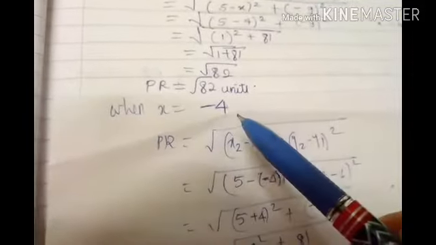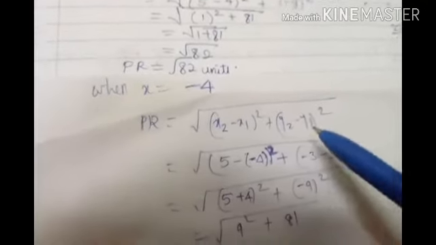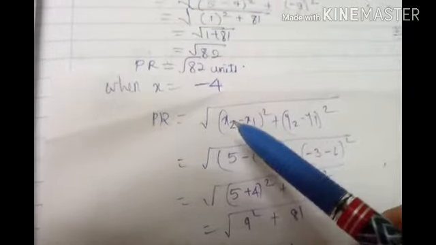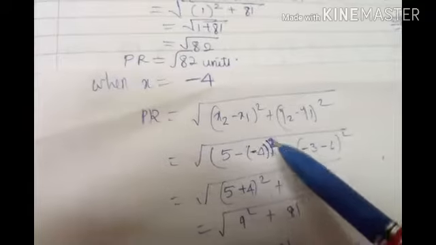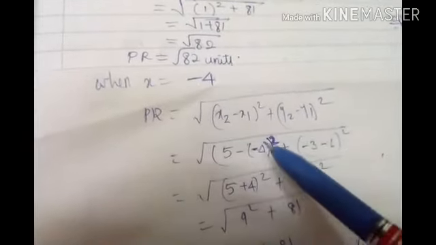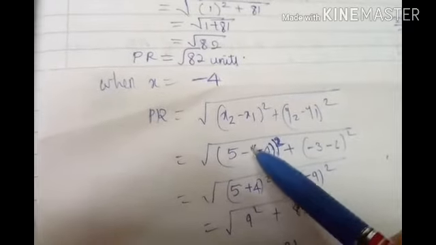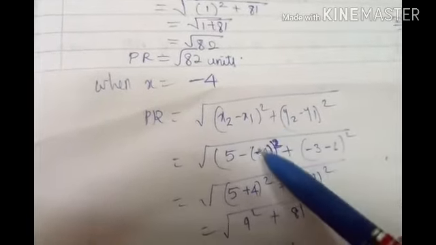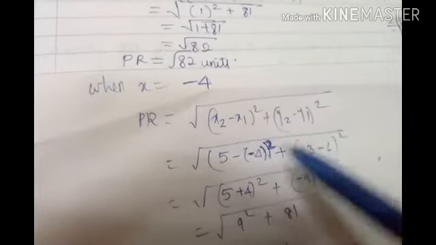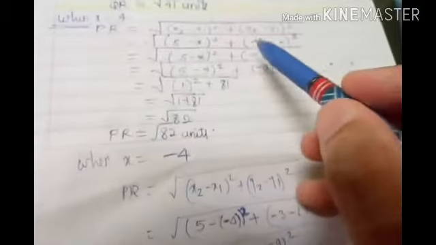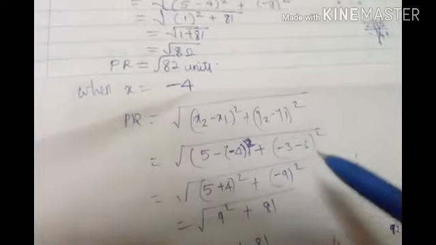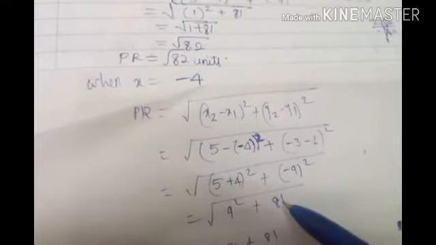Now we will see what happens when x is equal to minus 4. Again, the formula is root of x2 minus x1 the whole square plus y2 minus y1 the whole square. The value of x2 is 5, so 5 minus (-4) the whole square, plus minus 3 minus 6, which is minus 9, the whole square is 81.